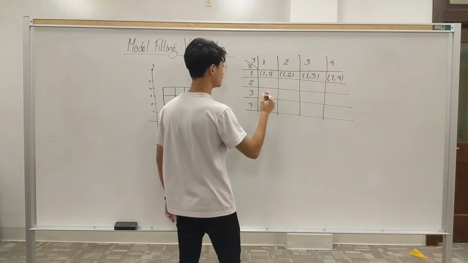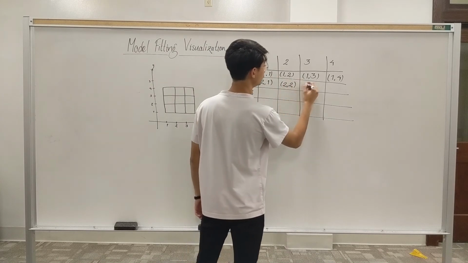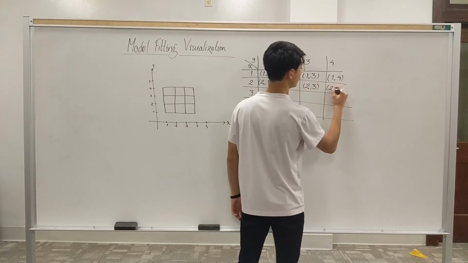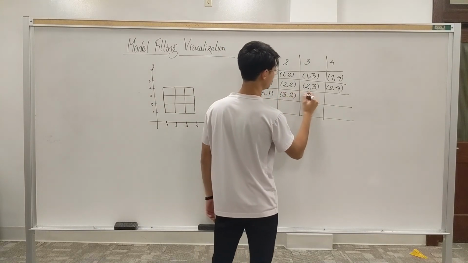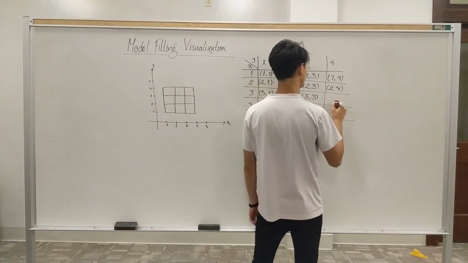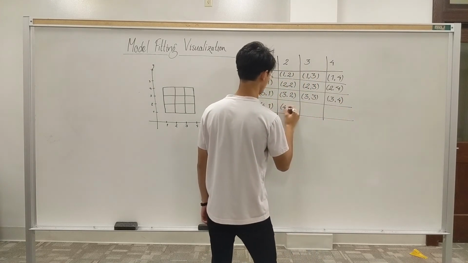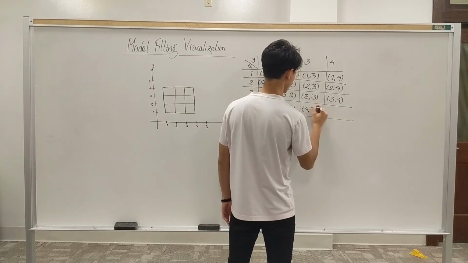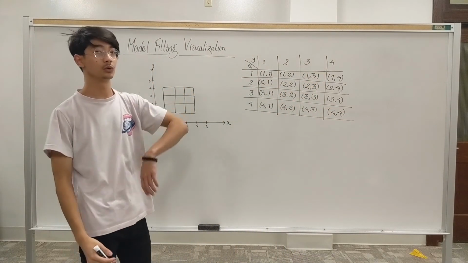And in the same way, we'll complete the entire table. 2, 2, 2, 3, 2, 4, 3, 1, 3, 2, 3, 3. Okay, so these are the coordinates we've got.